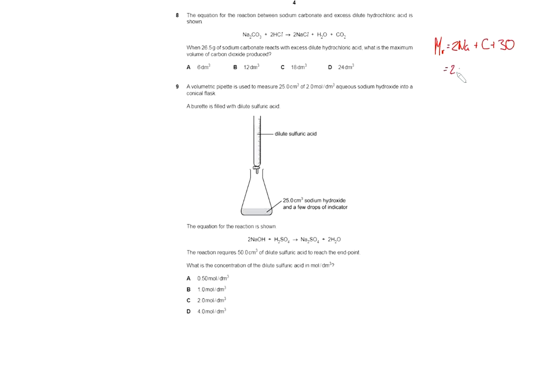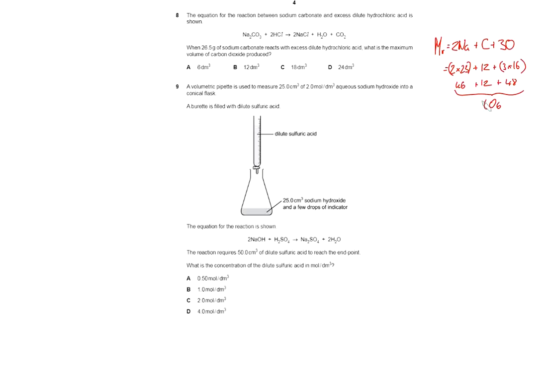So that's 2 times 23, some brackets, it's nicer, plus 12 plus 3 times 16. That is 46 plus 12 plus 48, that is 60, that's 106. Yes, 106. That's the relative mass of sodium carbonate.